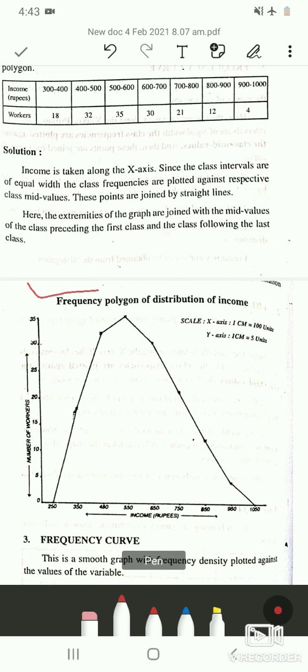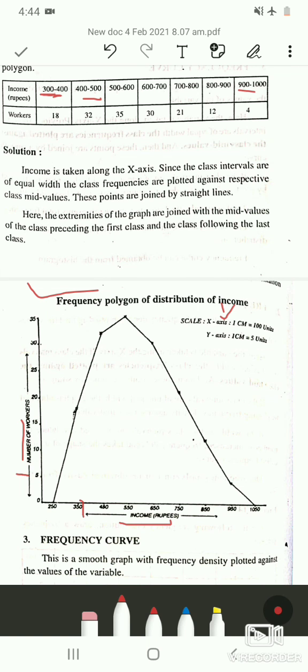So again, don't forget to write the title, and along the x-axis we are taking income in terms of rupees, and along the y-axis we are taking number of workers. Here the x-axis scale is 1 centimeter is equal to 100 units, and along y it is 1 centimeter is equal to 5 units, that is 5 workers. So here the mid values are 350, 450, so on till 950.